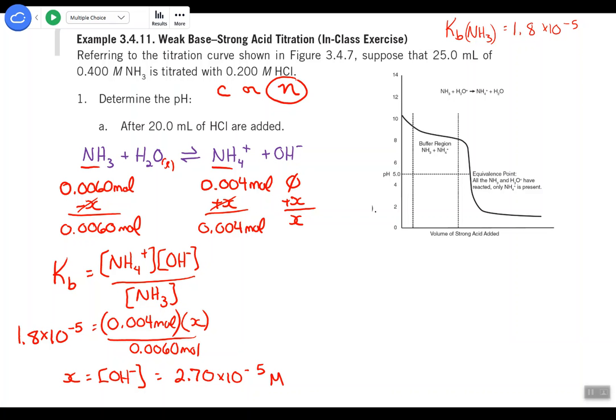I can take the negative log of that value to calculate the pOH. That's the pOH, but on this graph I have pH, which is 14 minus the pOH value.